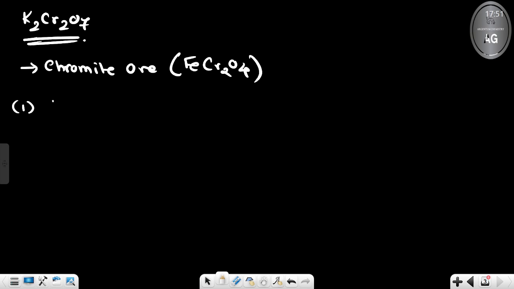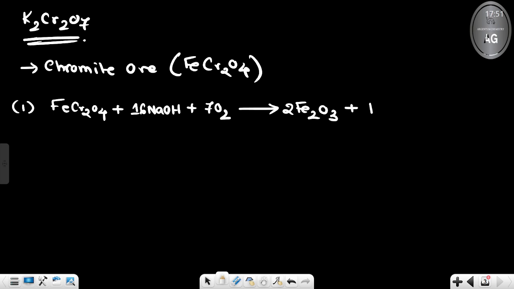In the first step you have to react the ore, that is FeCr2O4, in the presence of 16 NaOH plus 7 O2. I remember the balancing this way: 16 NaOH plus 7 O2. The products will be 2 Fe2O3 plus Na2CrO4, which is sodium chromate, and 16 NaOH means 8 Na2CrO4, and carbon dioxide, CO2, sorry, not water; water will not be formed here.